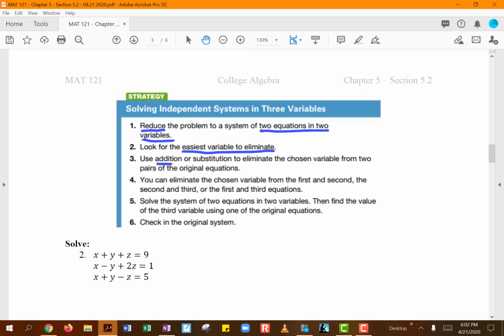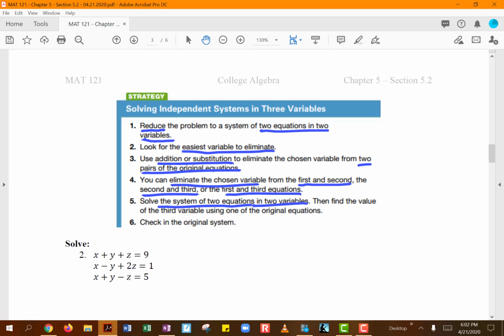You can use the addition or the substitution method to eliminate the chosen variable from two pairs of original equations. You can choose your pairs to be the first and second equation, the second and third equation, or the first and third equation. It doesn't matter. Once you have reduced your system down to two equations in two variables, go ahead and solve that system.